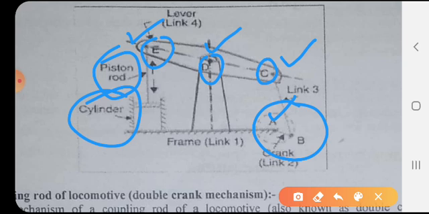The main purpose of this mechanism is to convert rotary motion into reciprocating motion.